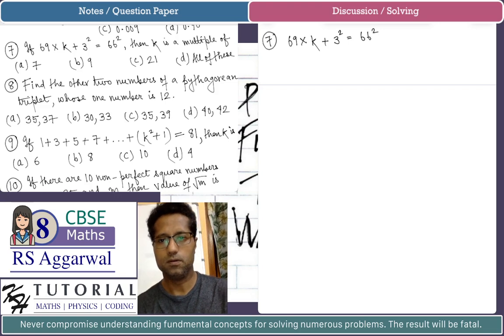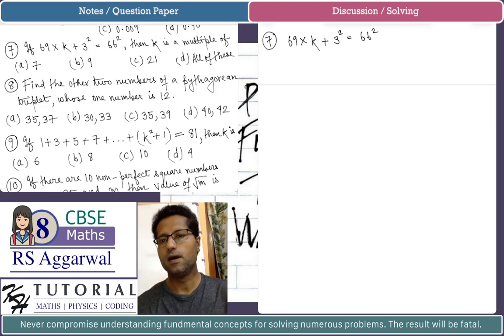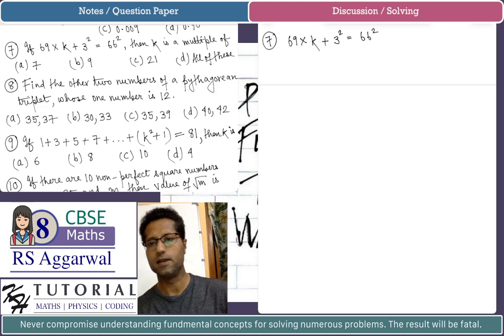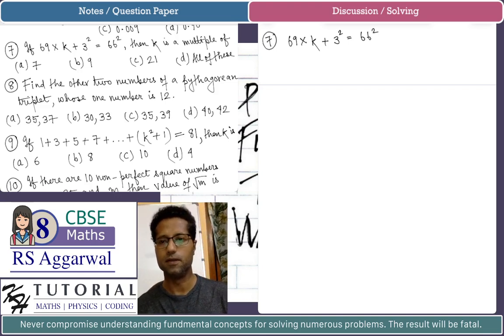Now what can we do? Since this is basically a linear equation in k, you can find the right hand side 66 square, then subtract 9 from that, and then divide by 69, but that will be a long process. You have to be a little more wise in solving the problem quickly.